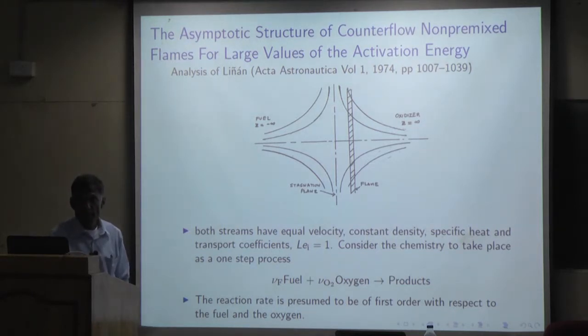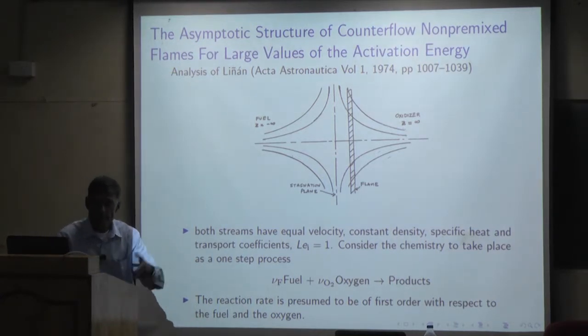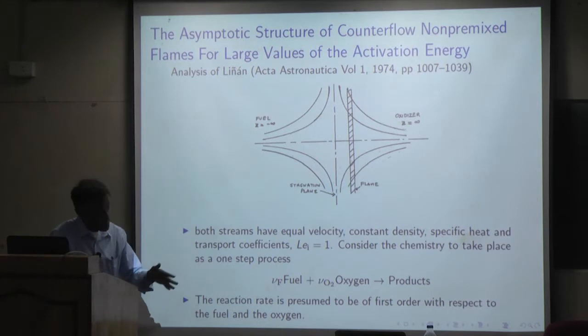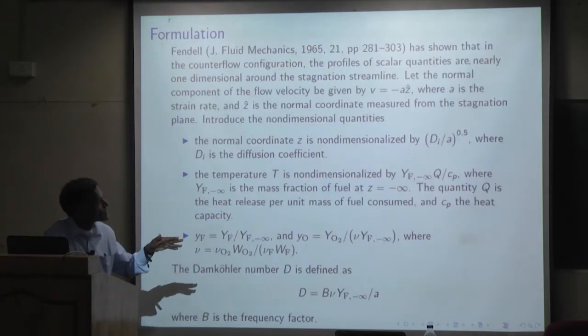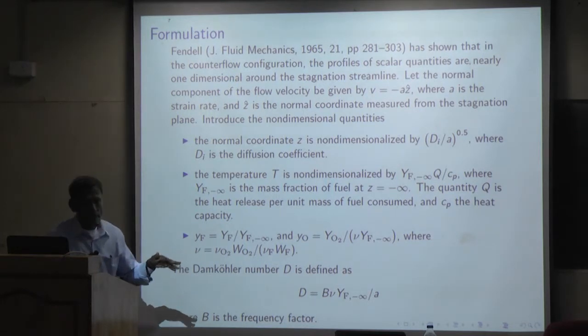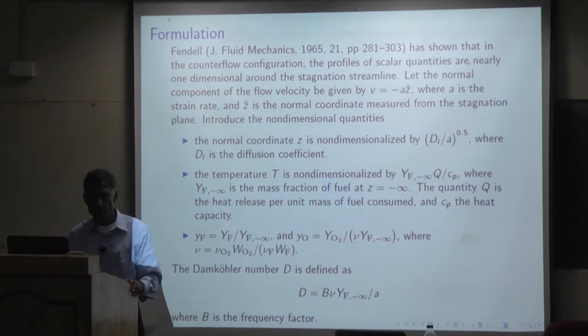If you integrate the Euler equation, you get a velocity profile, and you take the gradient of the velocity profile and evaluate that at the stagnation plane. That's the strain rate. So right now, we're simply going to presume that you have a flame and the strain rate is given.